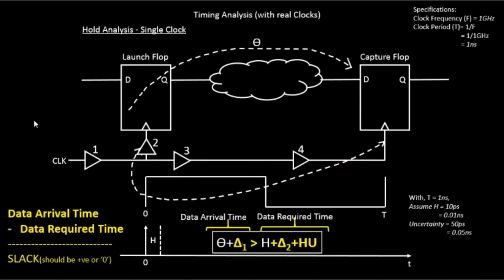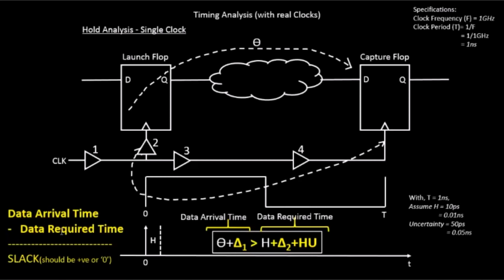In layman terms, slack is something which is lagging behind the expected time, so positive is always better. To maintain the definition of slack, the data arrival time should be greater than data required time, and that is expected. If that happens, we get a positive slack, and hence the slack should be positive or zero. Hence you see a reverse in the equation compared to setup timing.